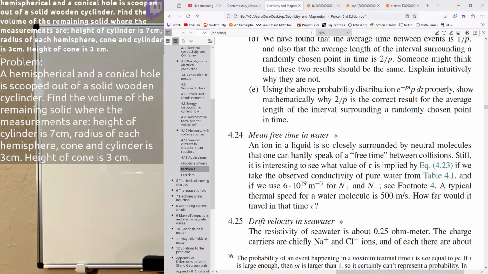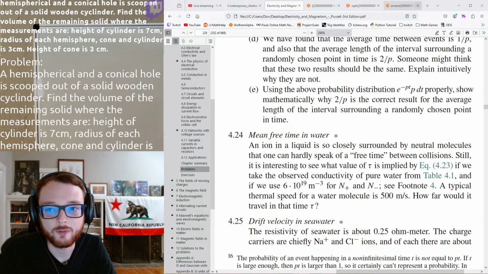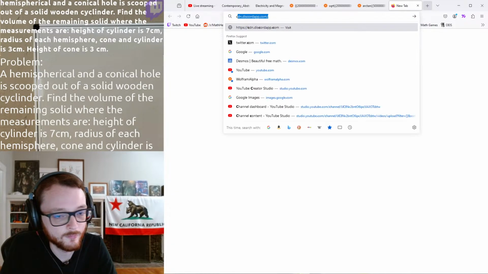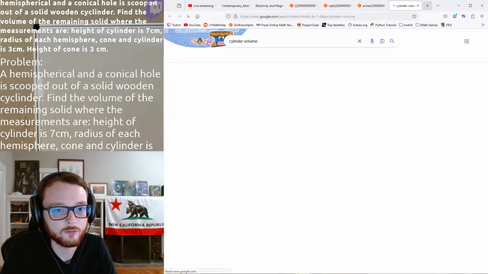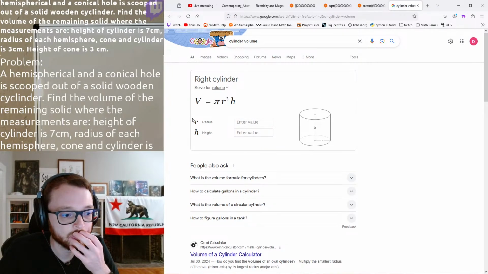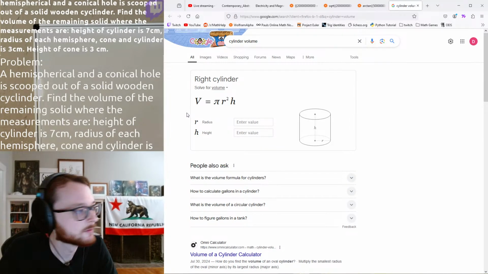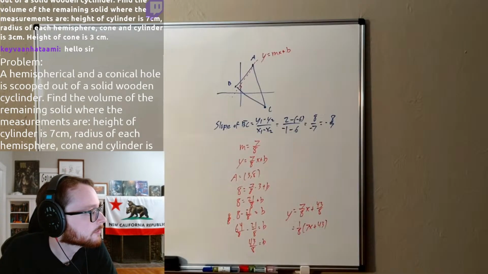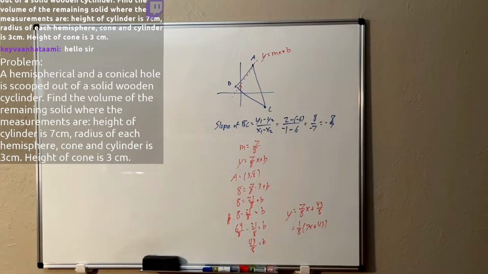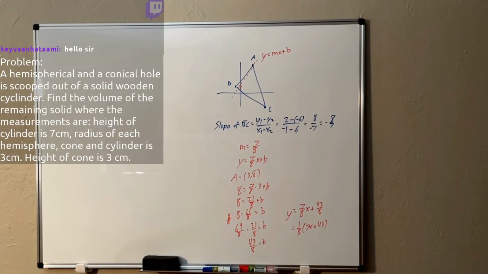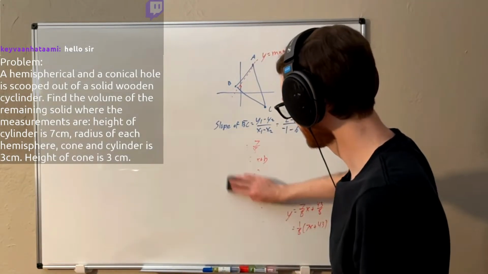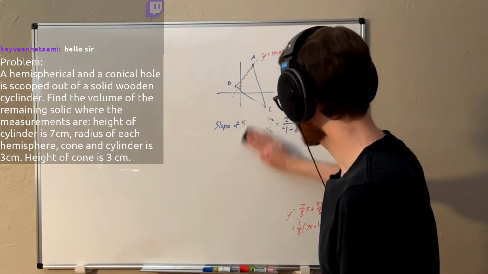Hey, Joel. Okay, let me look up the relevant formulas. Cylinder volume. And hey, Keyvan. Pi r squared h. I feel like I knew that. Let's erase the board too while I'm at it. That's just integration.